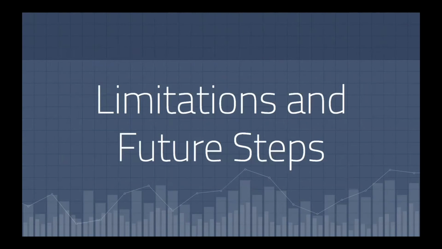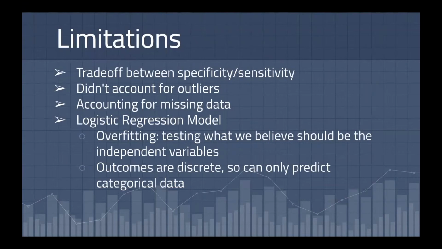Limitations and future steps. So for limitations, we had the trade-off between specificity and sensitivity. We didn't account for outliers or missing data, and with our logistic regression model, in order for it to be useful, we had to already identify what all the important independent variables are.